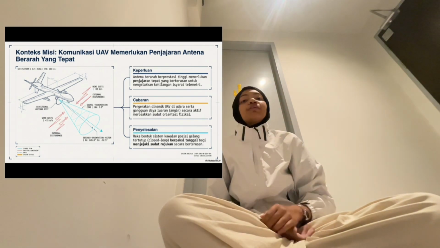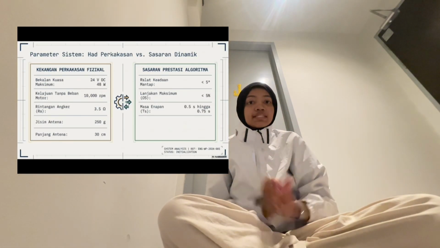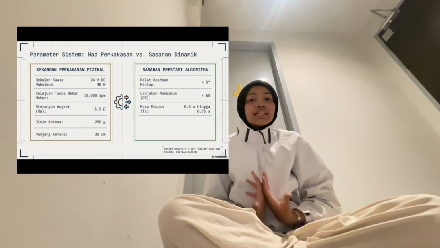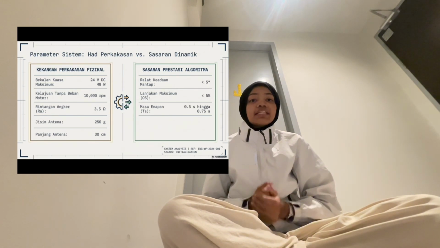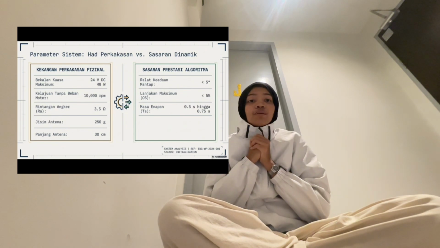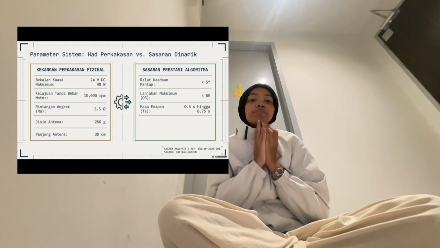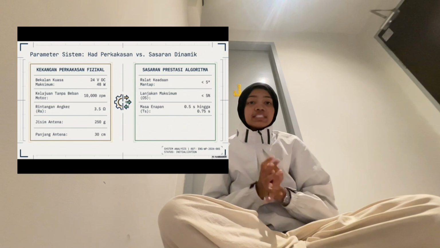So, we go to slide number 3, system parameters. Before designing the controller, we first define the physical properties of the system.